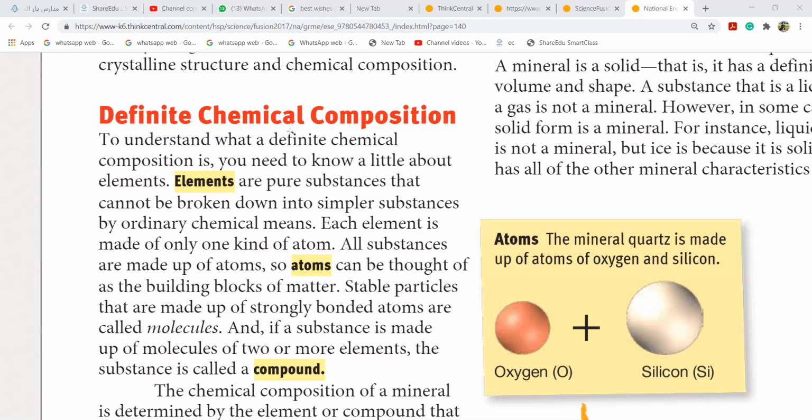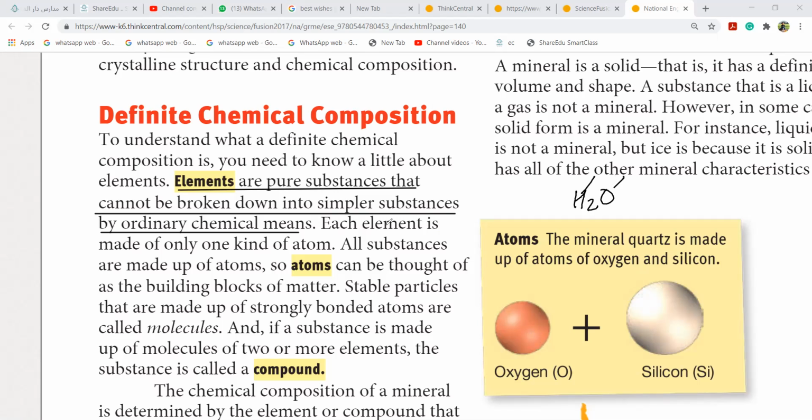But normally an element is a pure substance that cannot be broken down into simpler substances by simple means. For example, if I say oxygen, oxygen will have only oxygen atoms. Oxygen cannot have silicon atoms. This is an element. Silicon is an element. It will have silicon inside. But if I say water, does it have only one element? It has hydrogen, it has oxygen. So it has a mixture of elements inside. Did you understand that?